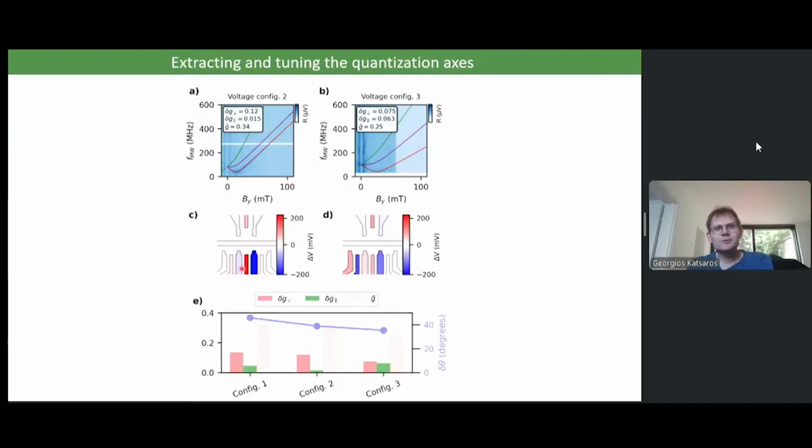We measured 3 configurations, and what you see here is the change in the voltages of each electrode compared to the initial configuration. And you can see that by reshuffling, one can really change the spin quantization axis angle difference. And if one would think of using AI, one could then really program the device in order to choose what quantization axis difference one would like to have or not.